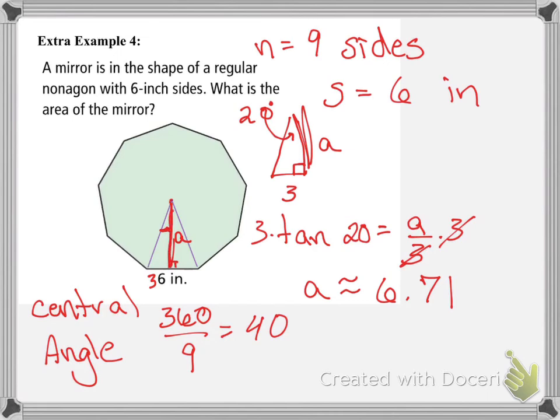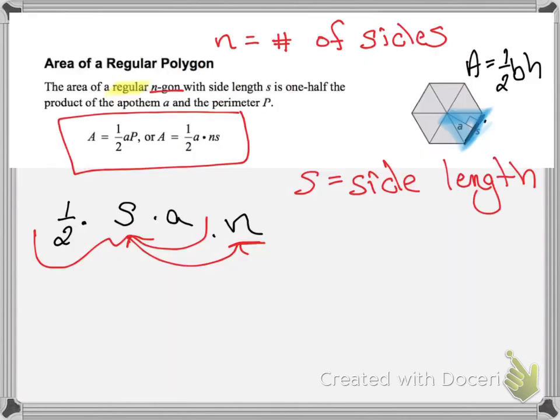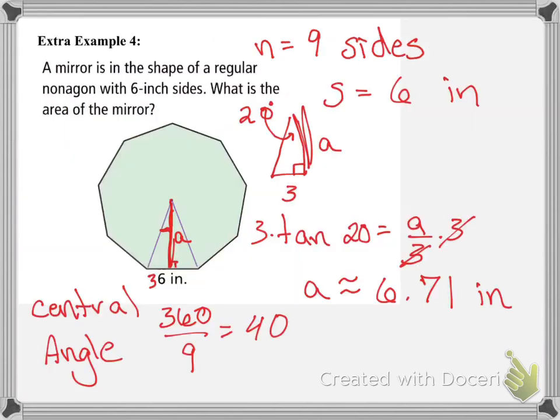That is the height of that apothem, in inches. We're not done yet. We just found the apothem. Now that we know the apothem, I can go ahead and use one of my formulas. I can take 1/2 a times P, or I really like this one instead, 1/2 a n s.